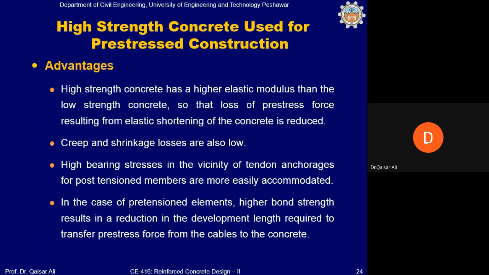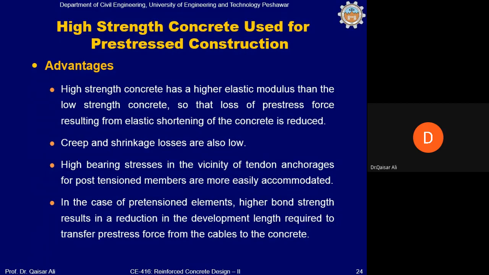Why is this called post-tensioning? Because the steel wires or cables are stressed after concrete has attained its full strength, unlike the previous case in which the steel wires or cables were stretched before concrete pouring. When steel wire is stretched before concrete pouring, this is called pre-tensioning, pre-stressing through pre-tensioning of wires.